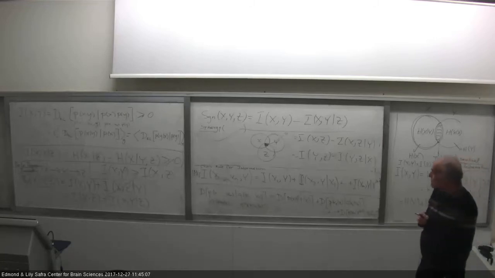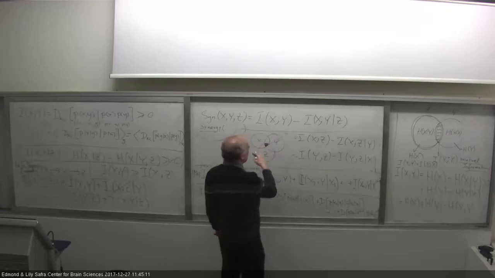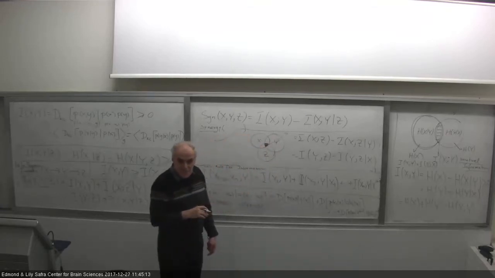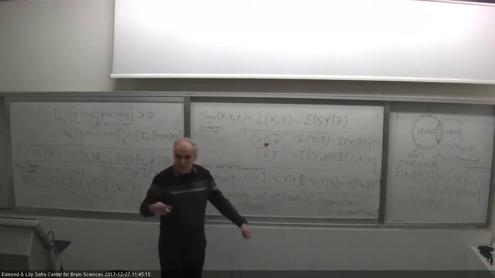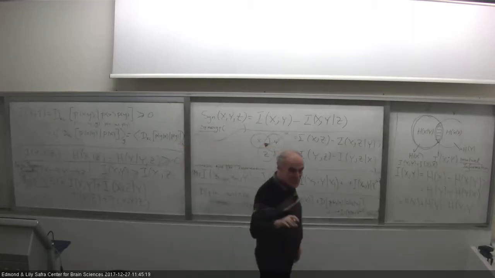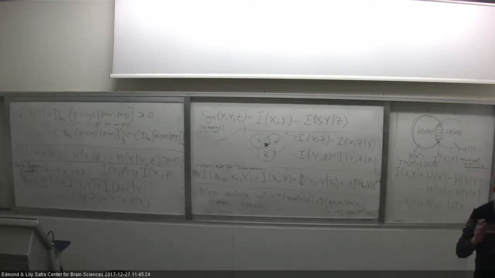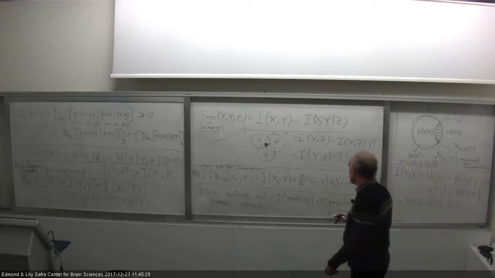Okay. So remember this, and you already see that when you start to talk about more than 3 variables, you're going to have exponentially more interesting areas like this, all sorts of intersections. And this is going to be complicated. I mean, the signs of these things can be positive or negative or anything. That's what I meant by that.